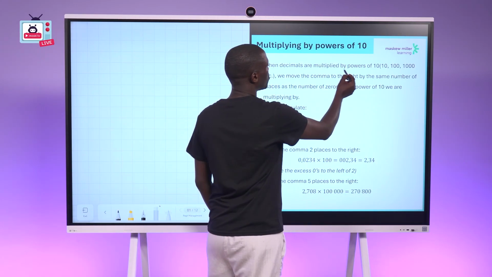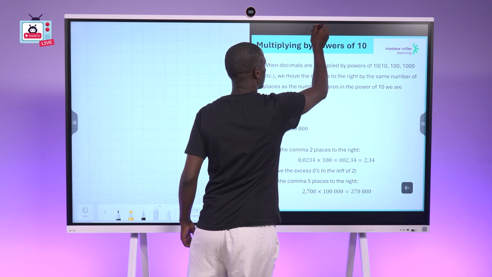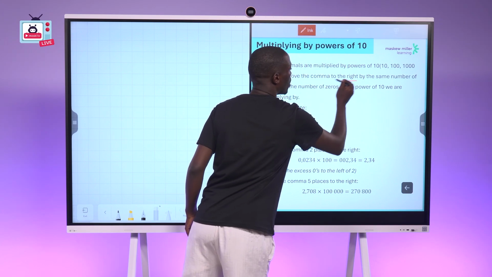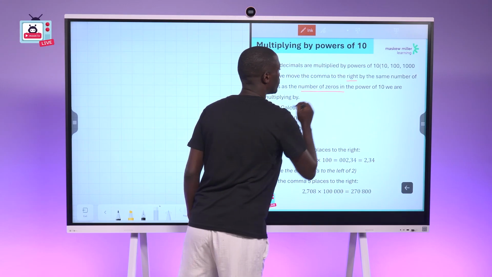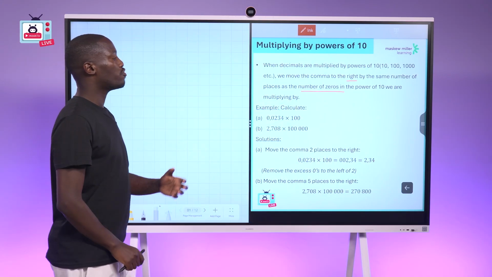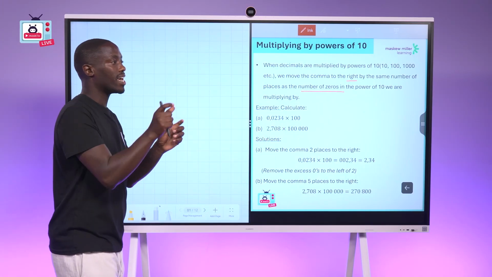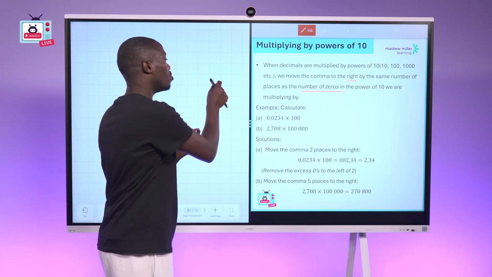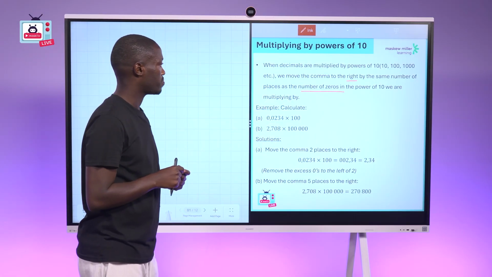When decimals are multiplied by powers of 10, we move the comma to the right by the same number of places as the zeros. So if you have a decimal and you multiply it by 10, 10 has 1 zero. That means you will move your comma by 1 place.